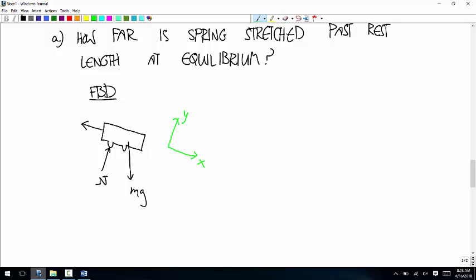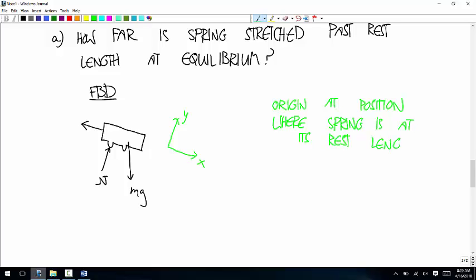The origin of this coordinate system is at the position where the spring is at its rest length. I'm going to do that so that anytime you have a non-zero x value, it means that the spring is moved away from its resting position.